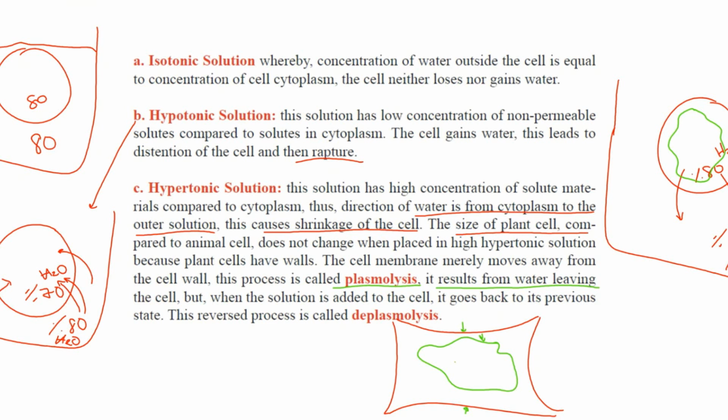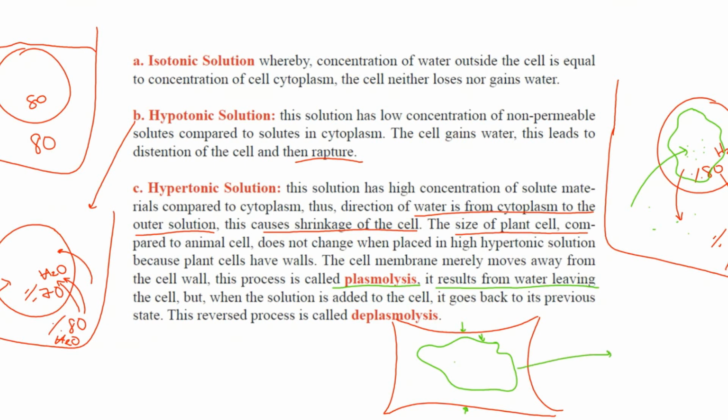When the solution is added to the cell, it goes back to its previous state. It means that where in the environment there is a lot of dissolved material, we add some material to the cytoplasm to balance the concentration, and all this time water moves in. Or we can think like this: the shrunken cell, we take the cell and put it in hypotonic solution.